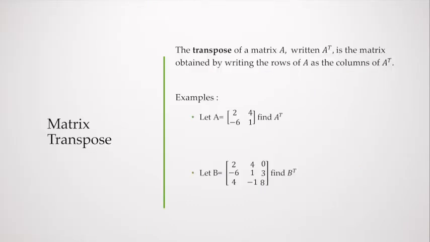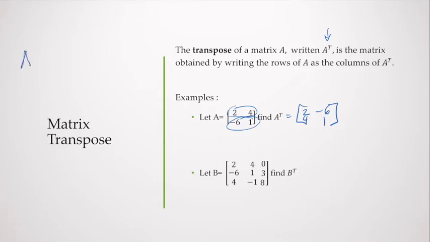The next thing we need to talk about is matrix transpose. When I'm transposing a matrix, which we write A^T, it is the matrix obtained by writing the rows of A as the columns of A^T. Okay, so here's A. I want to take the row and write it as a column. So row 1 becomes column 1, and row 2 becomes column 2.